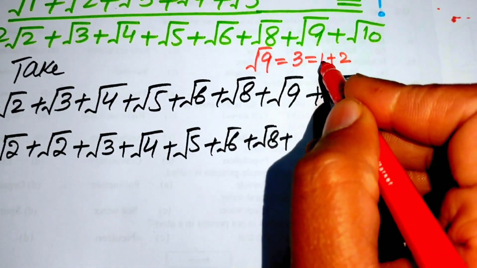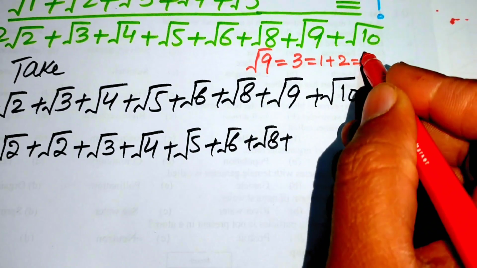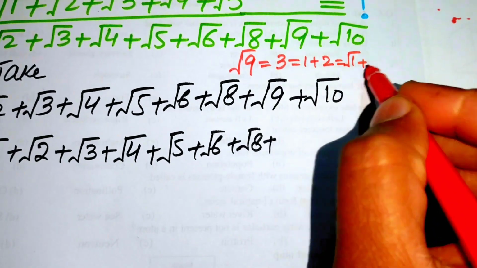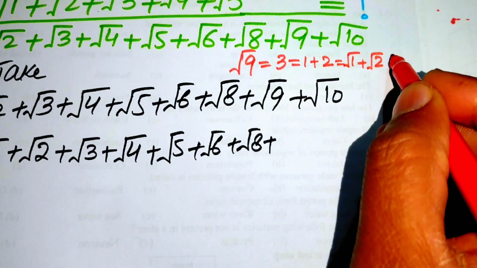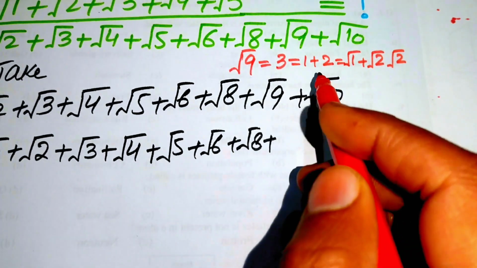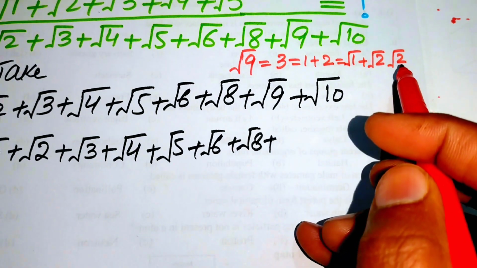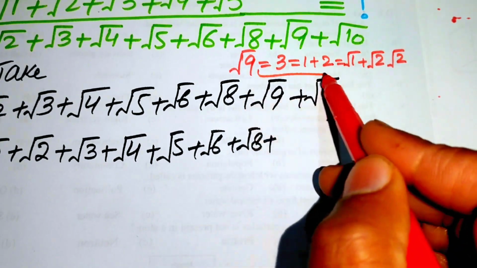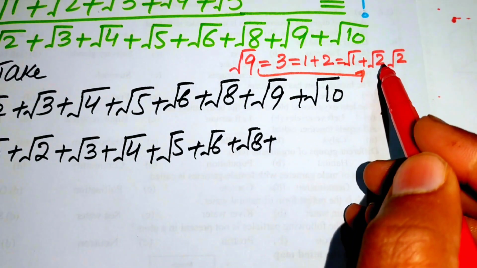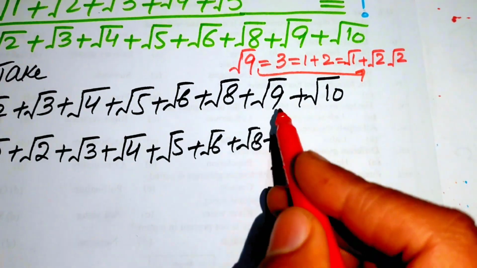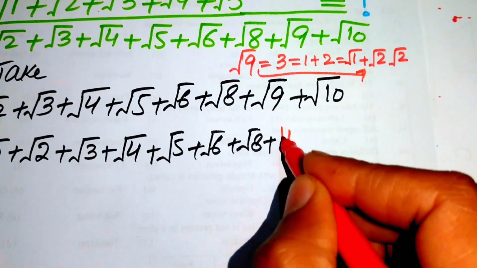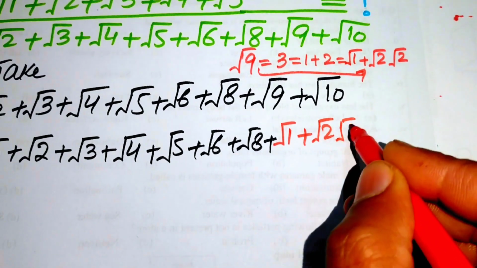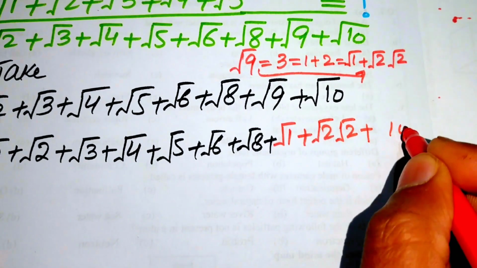Here we write this 1 as square root of 1, because 1 and square root of 1 are the same, and plus we write this 2 as square root of 2 multiplied by square root of 2, because when we multiply square root of 2 by square root of 2, we get 2. So finally we write the square root of 9 as square root of 1 plus square root of 2 multiplied by square root of 2. Plus we have square root of 10.